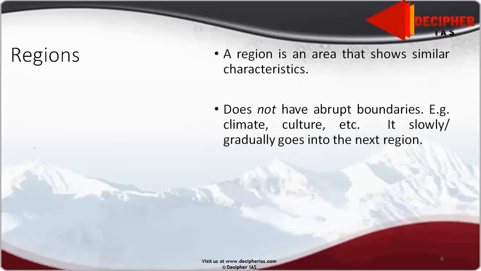Moving forward, regions. A region can be classified due to any physical feature or some functional, that I have already told you, functional regions versus formal regions, as well as perceptual regions. So the main point to note here is that they don't have abrupt boundaries, meaning things change slowly from one place to another. For example, we take a case of India.